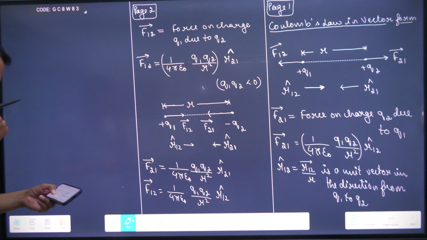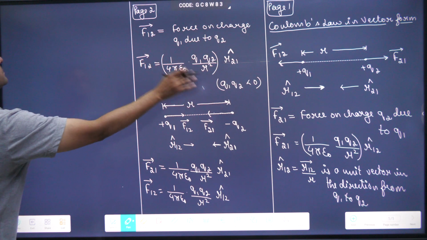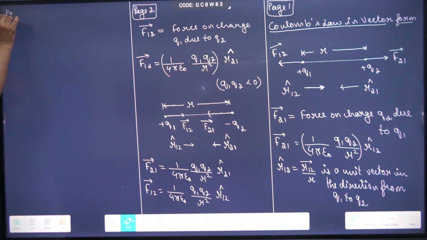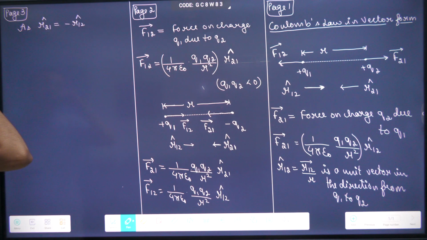You see at page number 8, after this diagram, we have written R21 cap is equal to minus R12 cap.